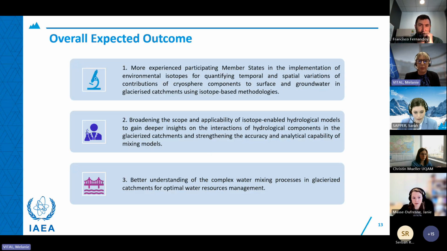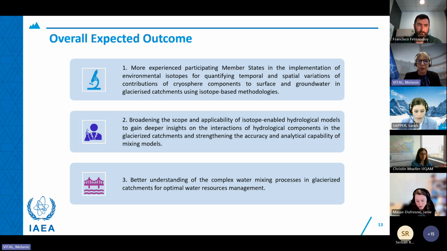The overall expected outcome of this project is to have more experienced participating member states in the implementation of environmental isotopes for quantification of temporal and spatial variation of contribution of cryosphere components to surface and groundwater in glacierized catchments using isotope-based methodology.